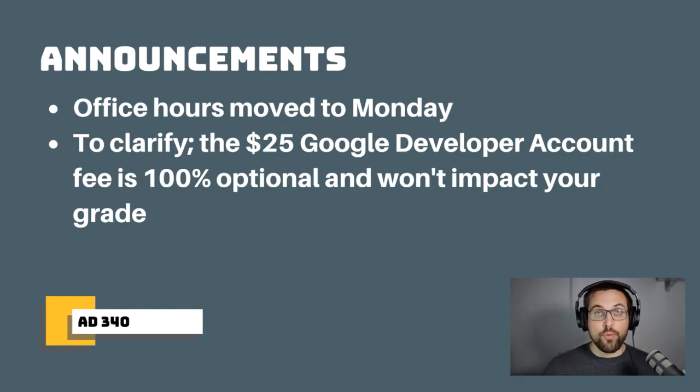To do that with your app, you will need that $25 account, but that is optional. If that $25 is a challenge right now, especially with everything going on and a lot of people out of work, and money's tight, let me know and we'll work something out.